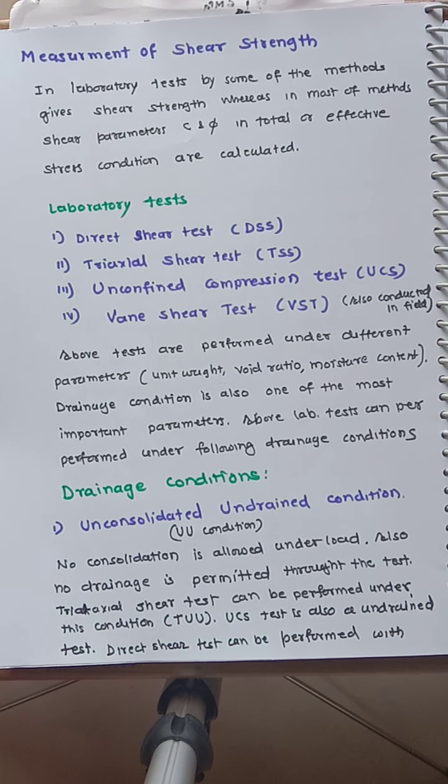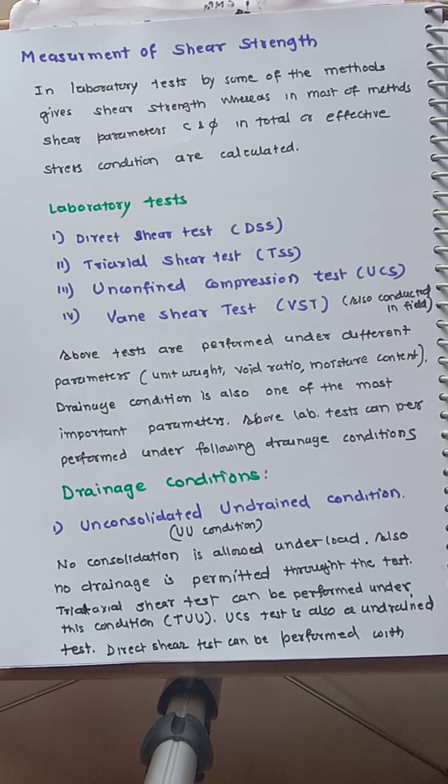Sometimes a test is conducted on an undisturbed sample of very soft soil, because for that soil you cannot make a specimen; it will be disturbed or fail under its own weight. For such soft soil, particularly very soft clays, the vane shear test is conducted. It is both laboratory as well as field, commonly done in the field and also cross-checked with a laboratory test. The principle is the same.